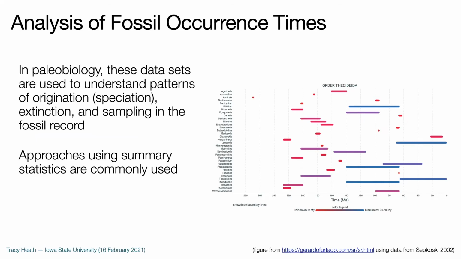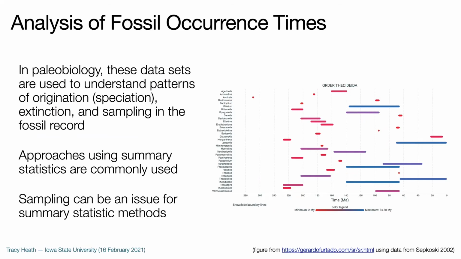And so these approaches are commonly used, historically, in paleontology. Paleontologists will apply these various summary statistic approaches to these types of data sets to understand these processes. With the fossilized birth-death range models, we now have ways of accounting for this underlying phylogenetic process.